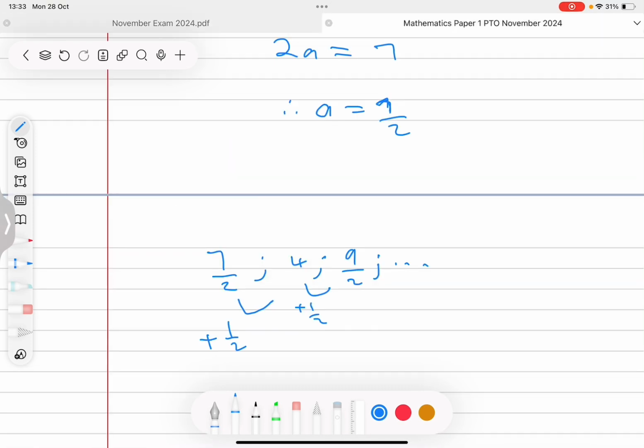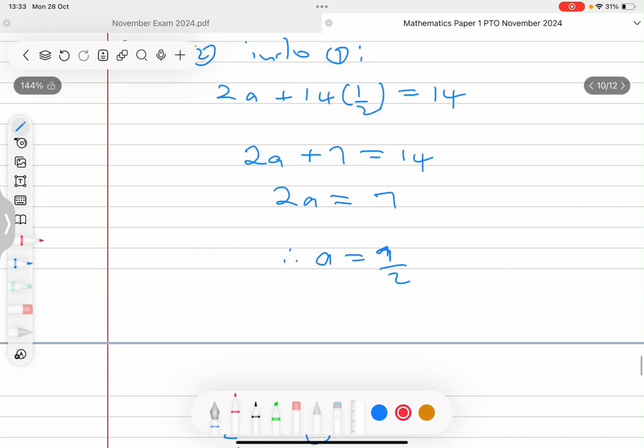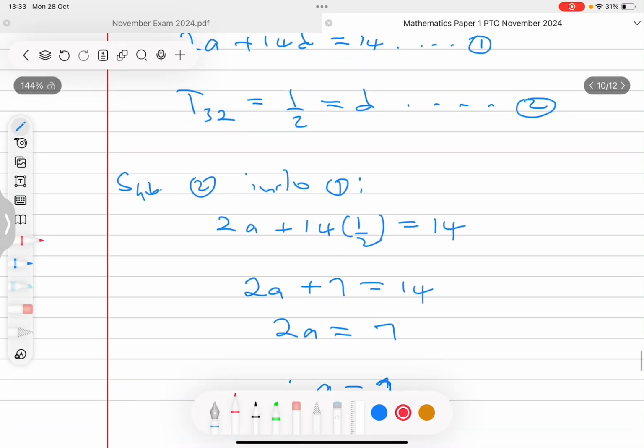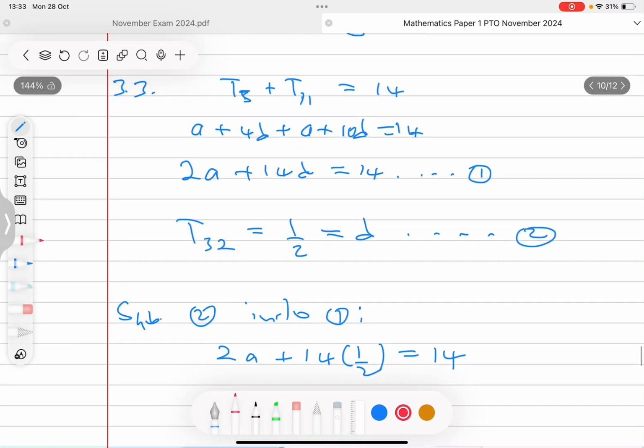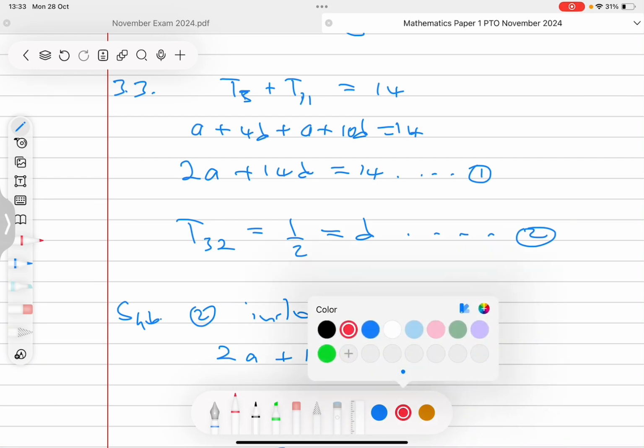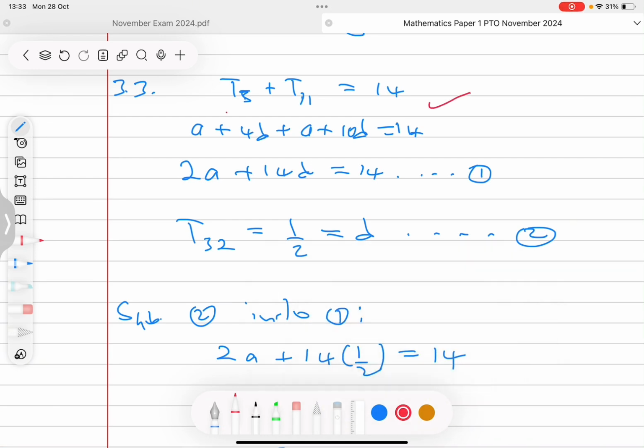And that's with 4 marks. Let's see how the 4 marks come about. The first will come from the fact that you have set up your equations such that you understand what they mean when they say the sum of 2 terms equals 14.